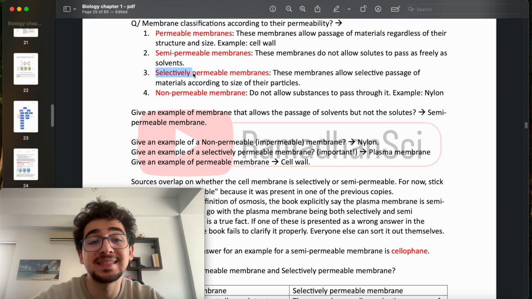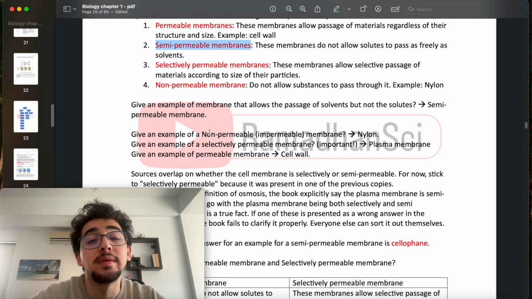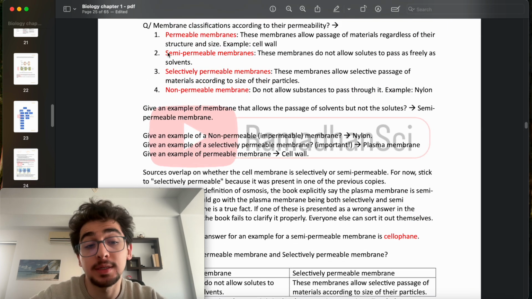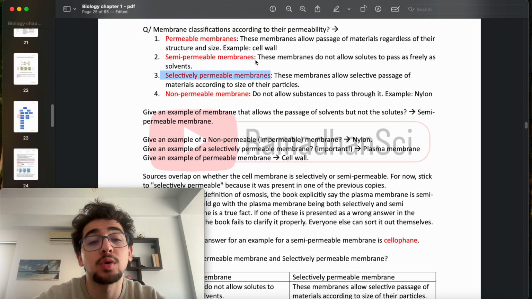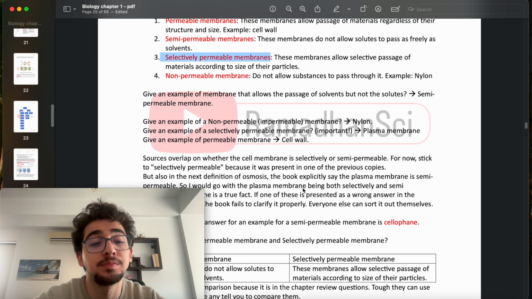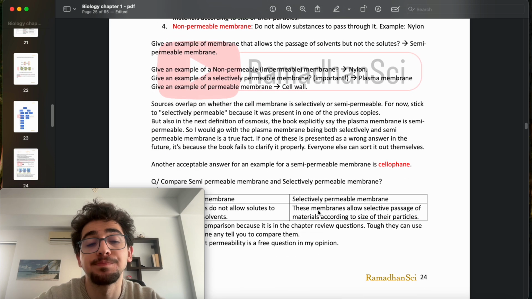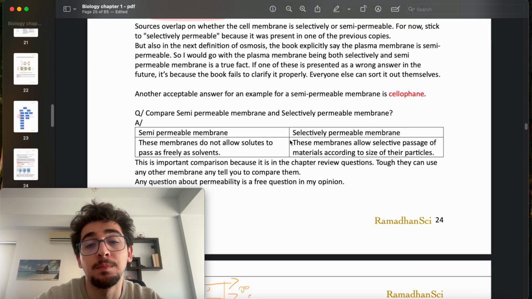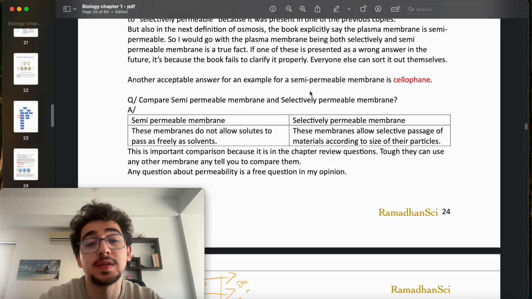The cell membrane is selectively permeable. It's more correct than just saying semi-permeable, in my opinion. But I would say both answers should be correct, as the book literally describes it as both. Another acceptable answer for the semi-permeable membrane is the cellophane.